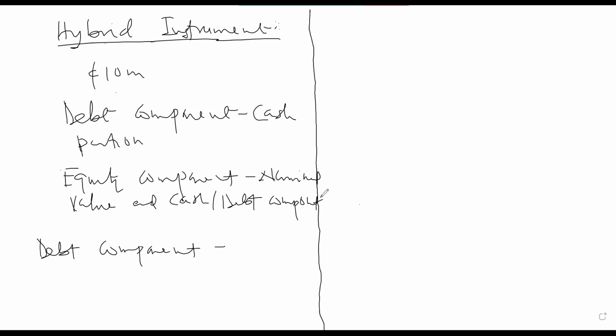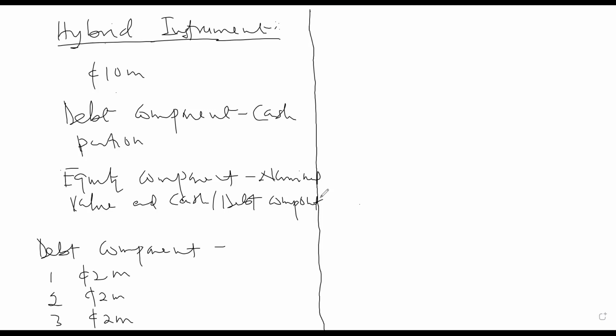Say at the end of every year, I'm giving you interest of 2 million. And this interest will be paid for 3 years. So it means that the first year is 2 million, the second year will also be 2 million, the third year will also be 2 million.